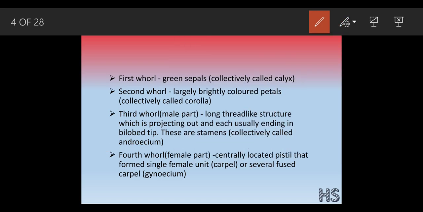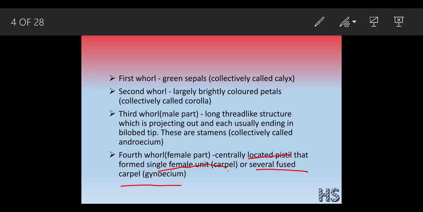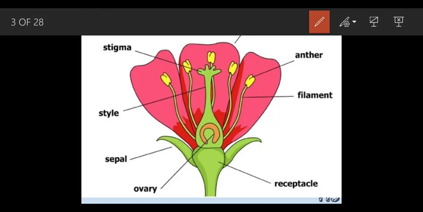Now let's consider the fourth part. There is a centrally located pistil. A single one is called a carpel. Many will be called the gynoecium. Let's understand in the previous slide. This is the pistil which is located centrally.